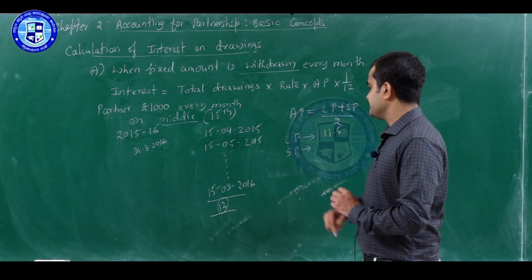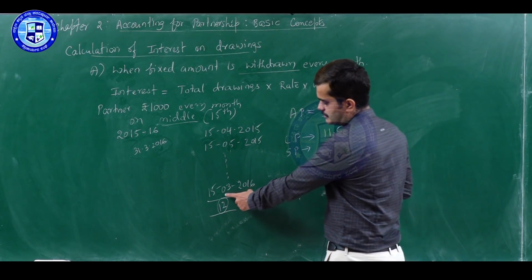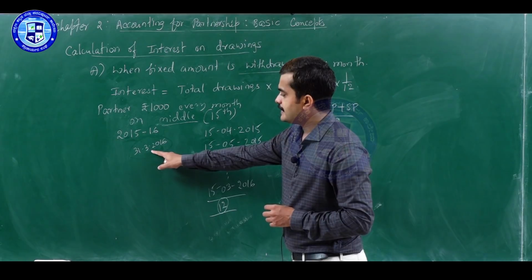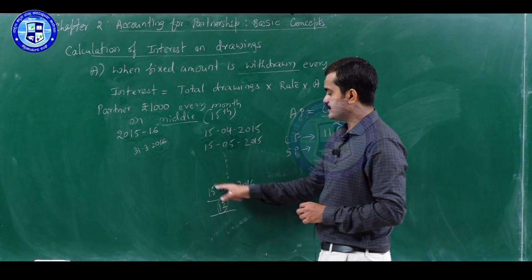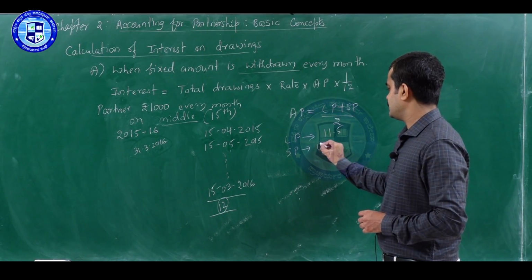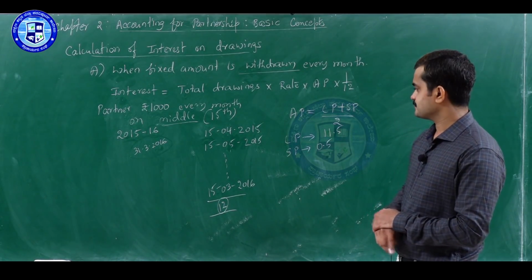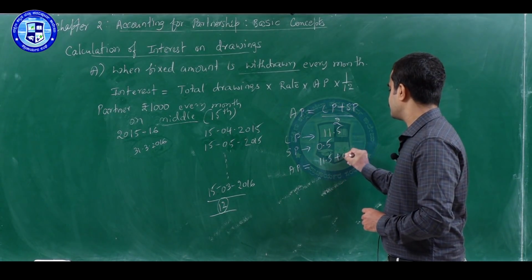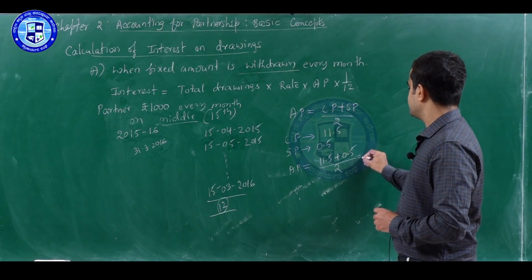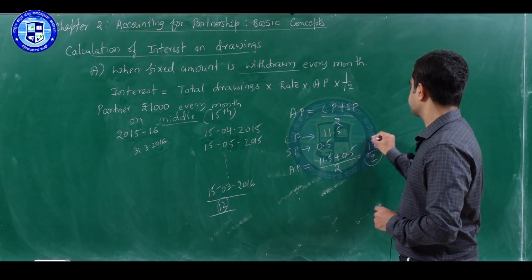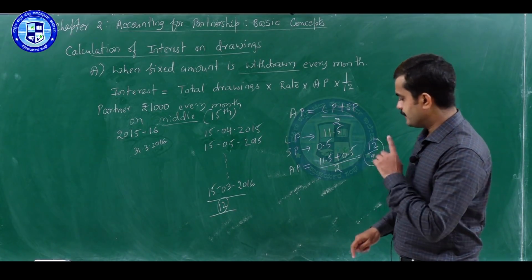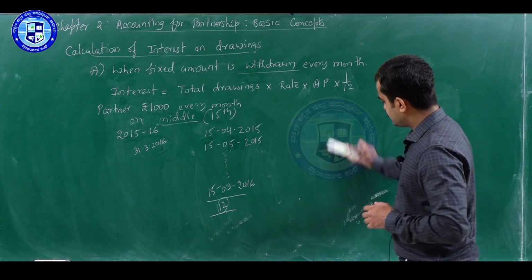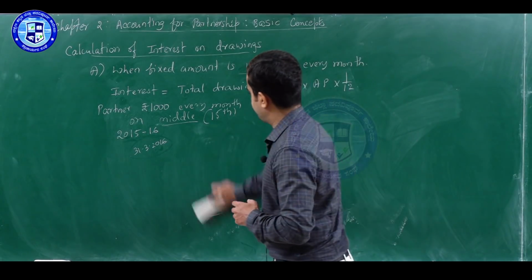Coming to the shortest period, the last drawing was on 15th March 2016, and the accounting period ends on that month's 31st. So there are 15 days, meaning 0.5 month. Now average period equals longest period plus shortest period divided by 2, that is 12 by 2. So this is when drawings are made in the middle of every month.